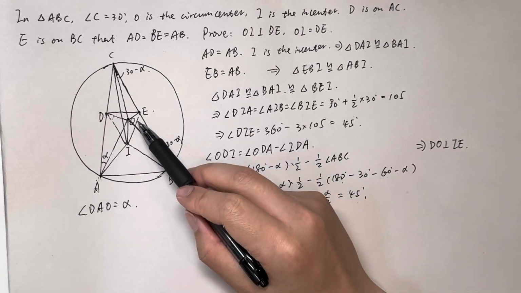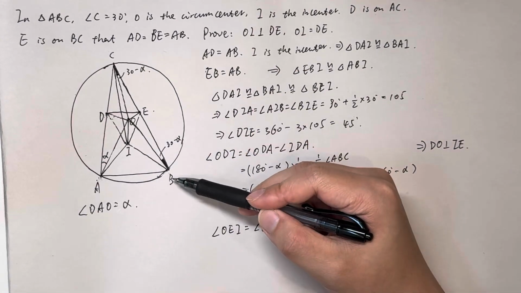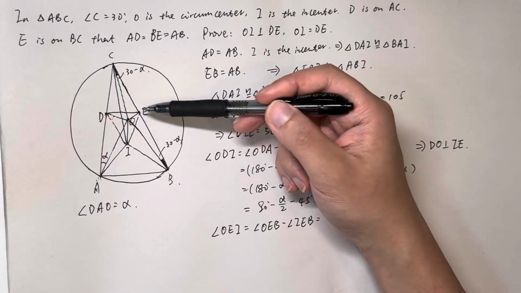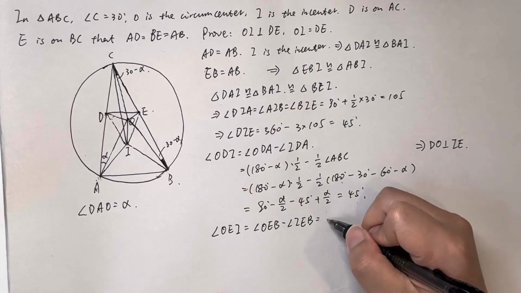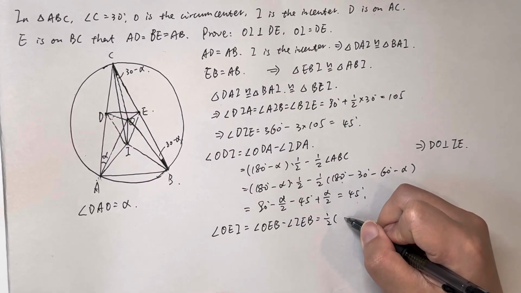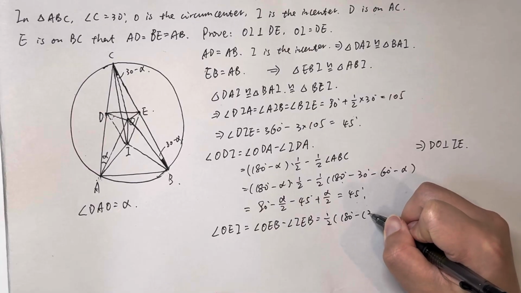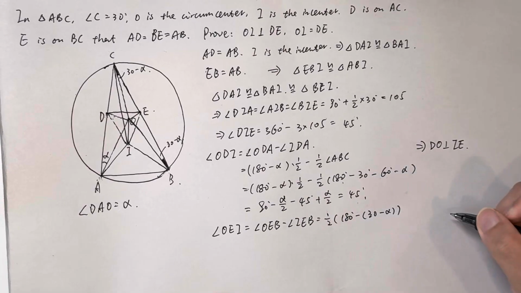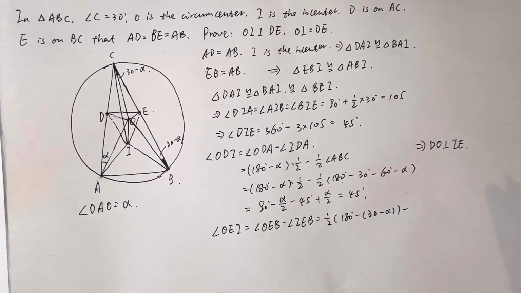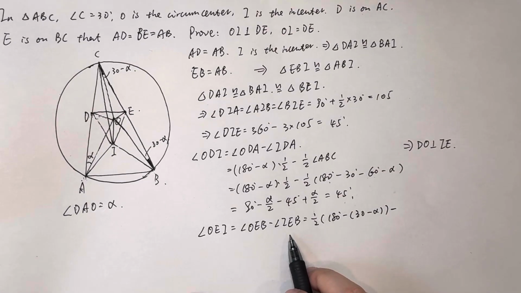Then we can calculate the angle OEB, right? Because triangle OEB is an isosceles triangle, it equals half of 180 degrees minus 30 degrees minus alpha, and minus the angle IEB.